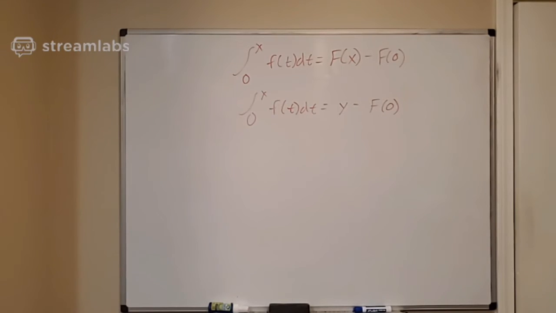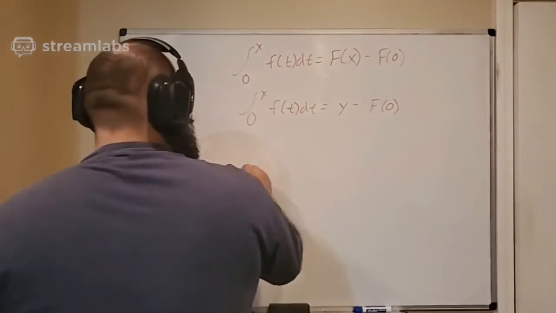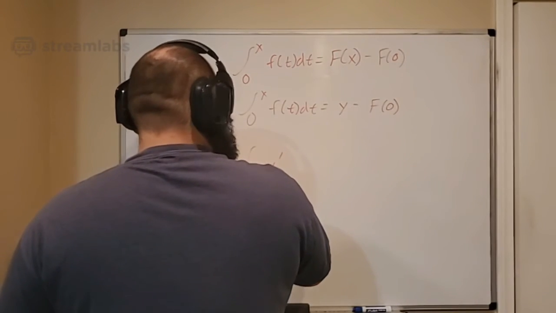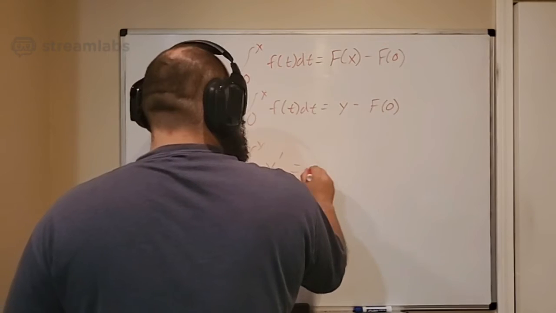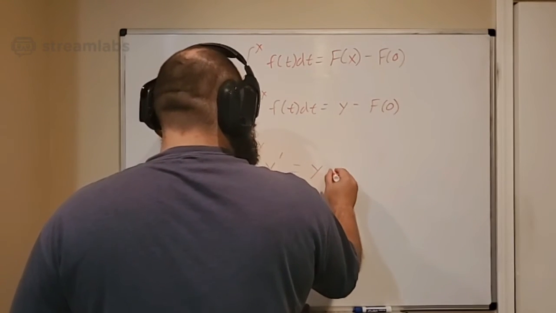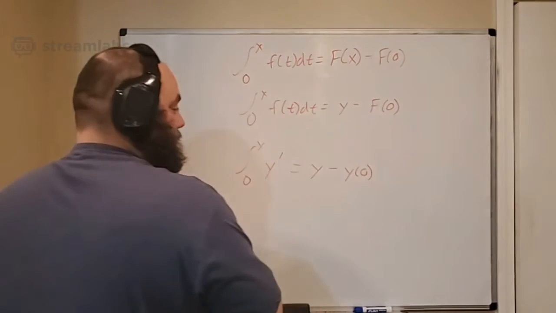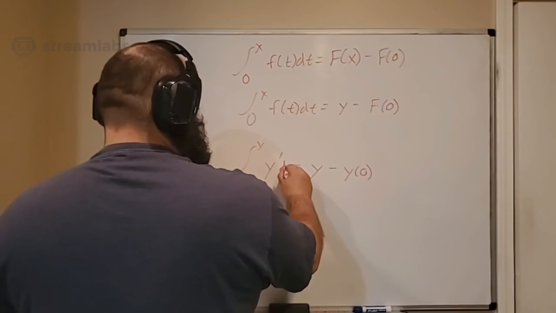Maybe make it a little easier: the integral of y prime from 0 to x dx is y minus y of 0. Hopefully that makes sense.